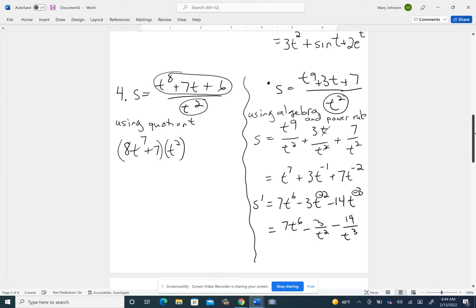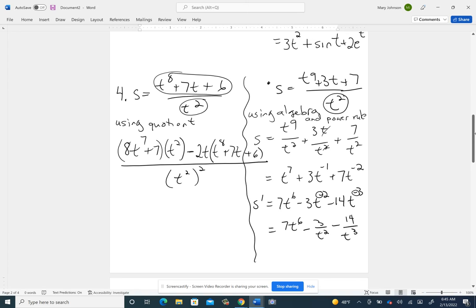Okay, then minus the derivative of the bottom function times the top function as is. And then all of that gets divided by t squared, the denominator squared.